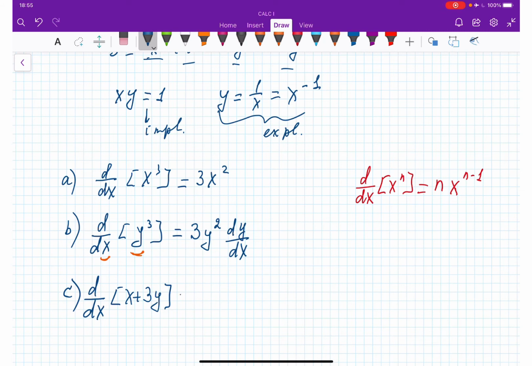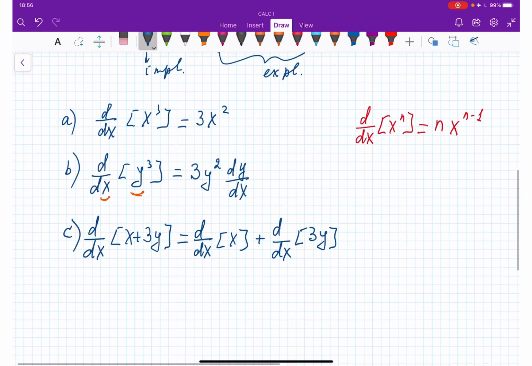So it's going to be d by dx of x plus d by dx of 3y.